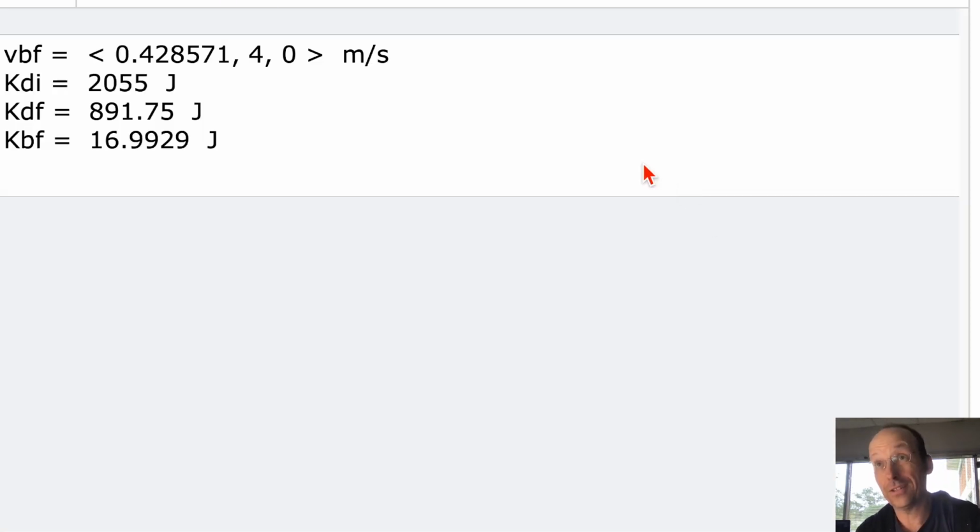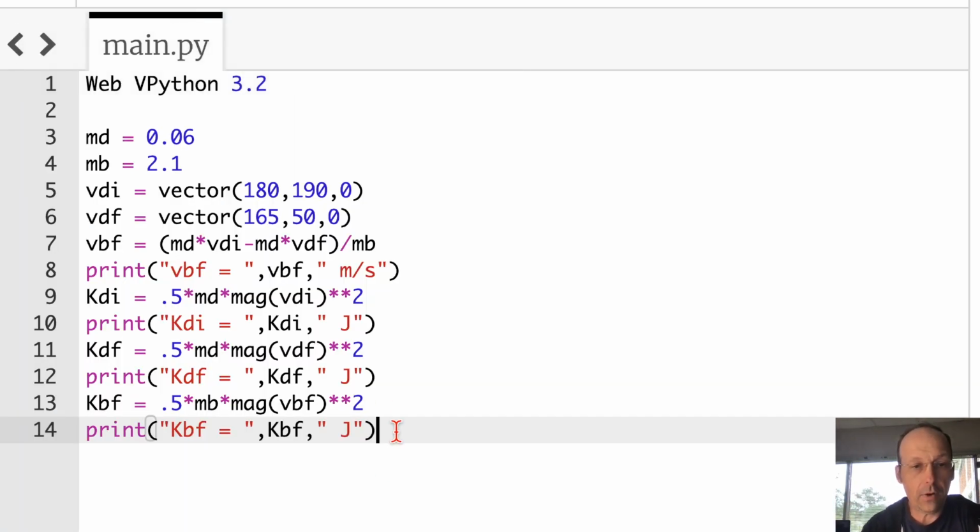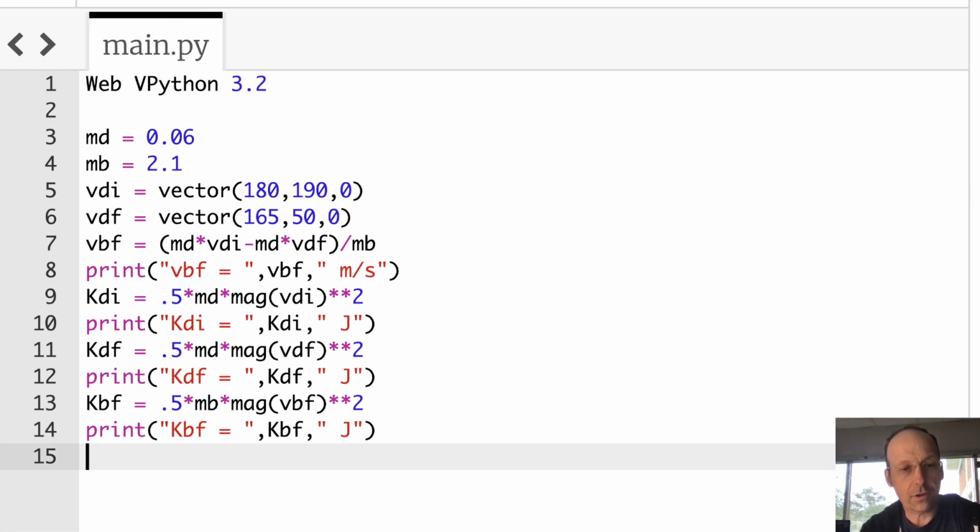That's not very much. And it shows you this big difference between kinetic energy and momentum, right? They're totally not the same thing. Okay, now I can just say, let's call it D. I'm going to write it like this because I get kind of confused with minus signs in my head. So I'm going to say dk debris is going to be equal to K debris final minus K debris initial.